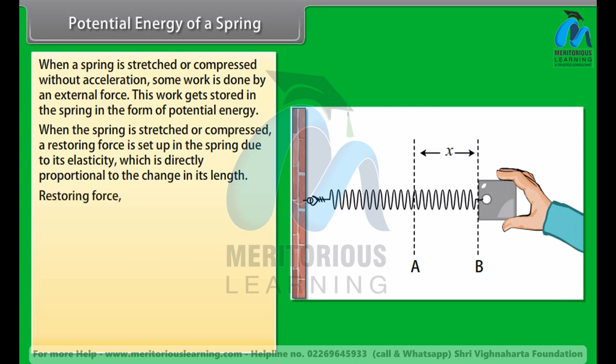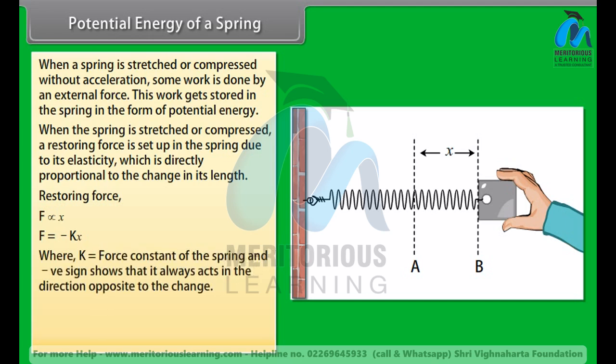Restoring force is given by F is directly proportional to x, F is equal to minus kx, where k is the force constant of the spring and the negative sign shows that it always acts in the direction opposite to the change.